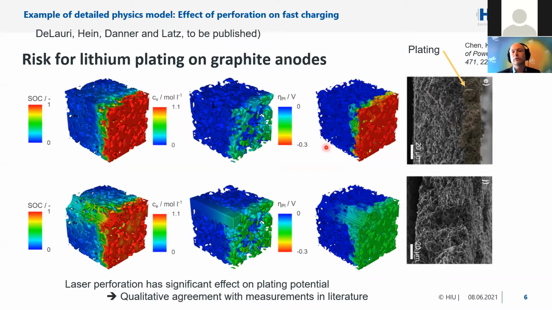So with this type of tool, you can design the perforation strategy, the thickness of the holes you are using for perforating, the distance, and so on. And you can give very detailed design criteria for the type of optimization you want to reach for the application.